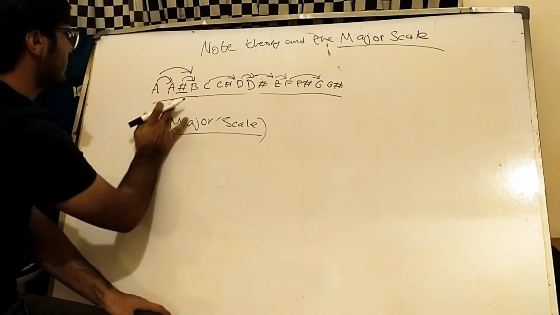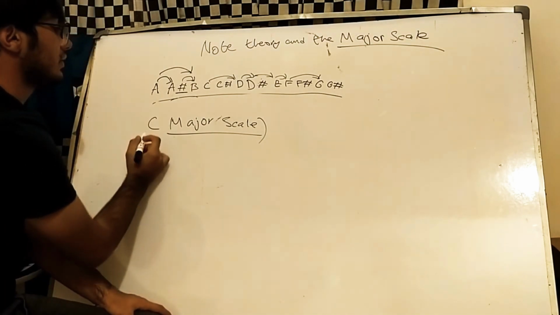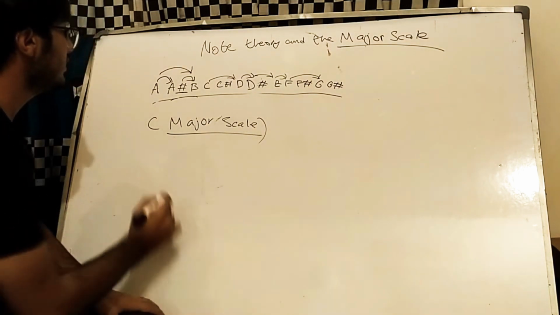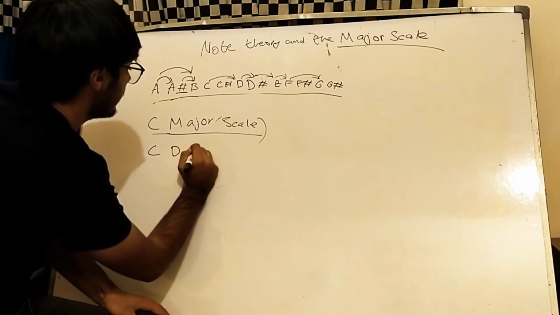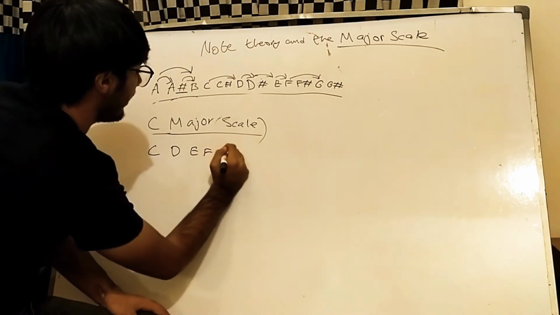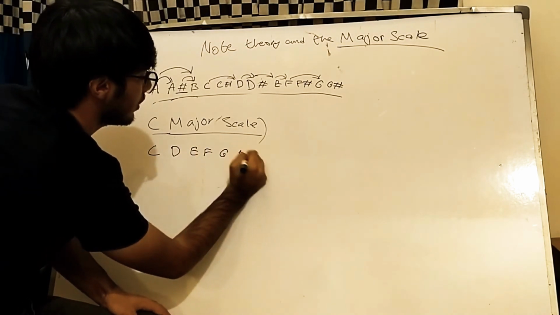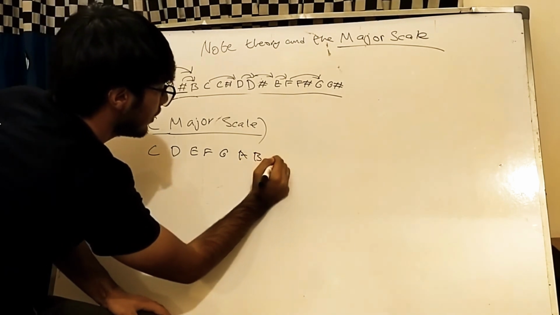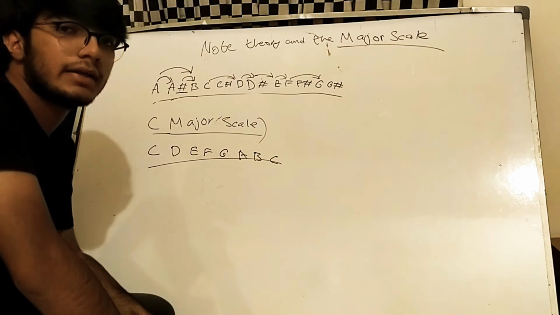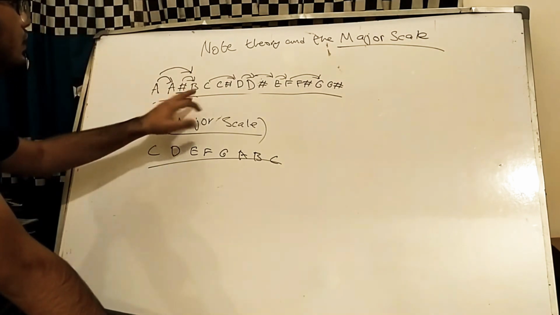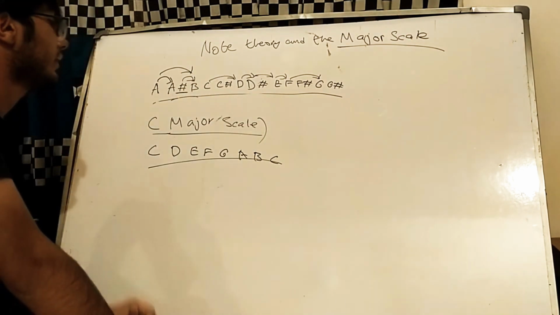The easiest major scale to understand in the beginning is the C major scale. Now the C major scale has the notes C, D, E, F, G, A, B and C. See, it's all natural notes. There's no accidental notes in it, right? It's all without sharps or flats.